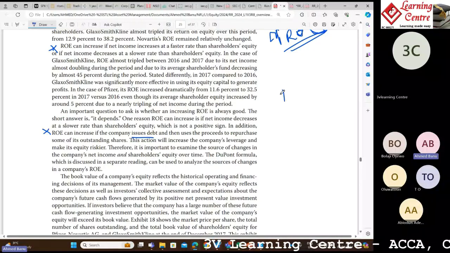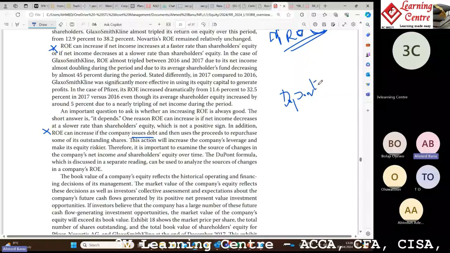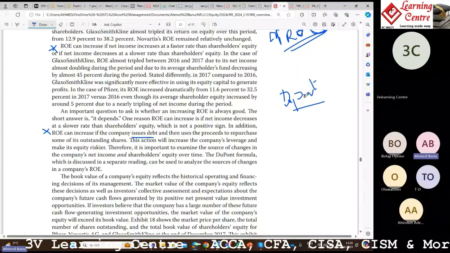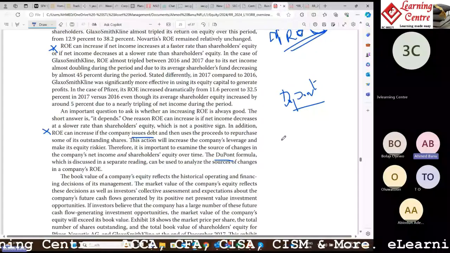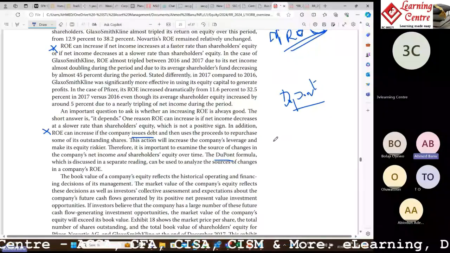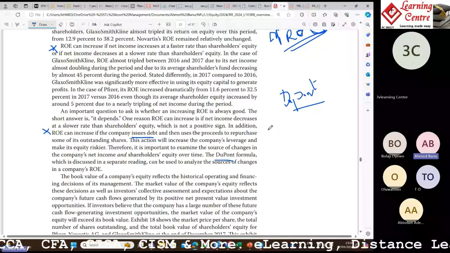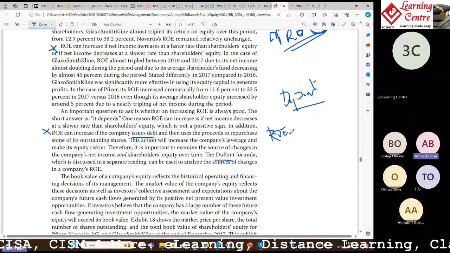Have you guys heard of DuPont analysis? We're going to touch on that today, but you must have seen it in your curriculum, DuPont analysis. That's one of the best. When I'm analyzing a company, that's one variable I like to use. So when your ROE is increasing, what is driving it?